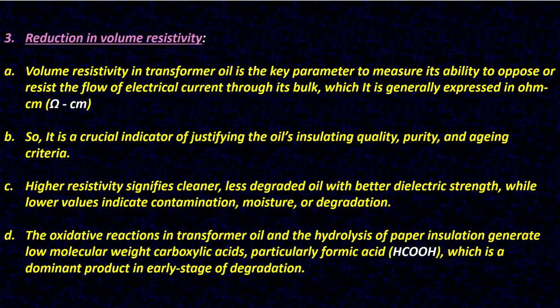The oxidative reactions in transformer oil and the hydrolysis of paper insulation generate low molecular weight carboxylic acids, particularly formic acid, which is a dominant product in early stage of degradation.